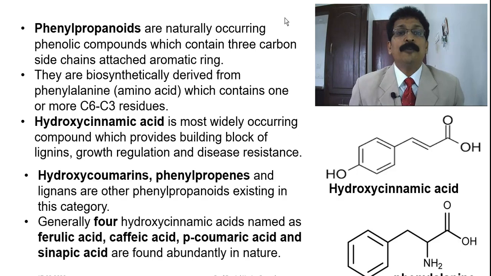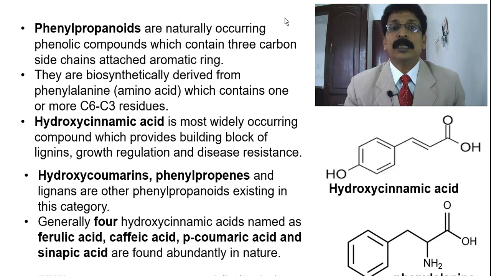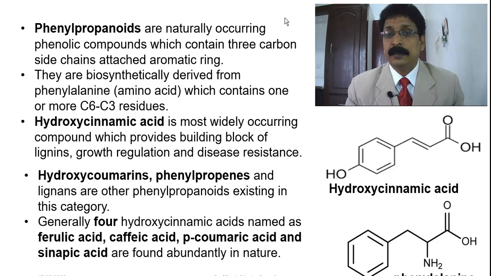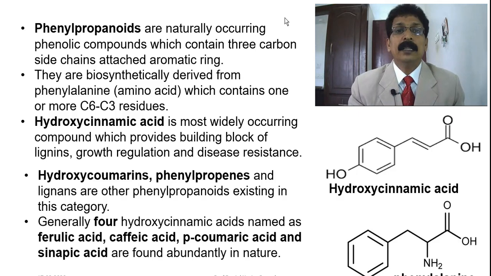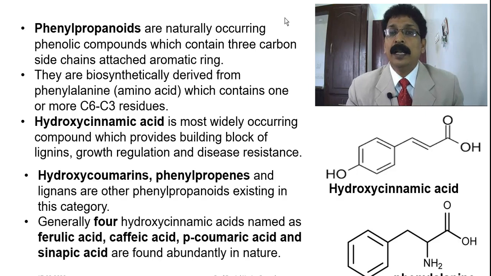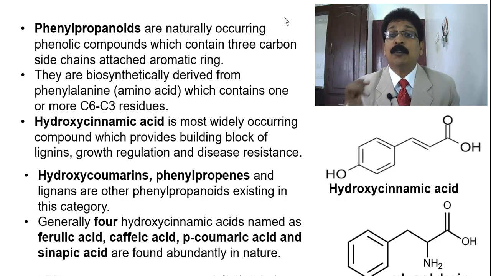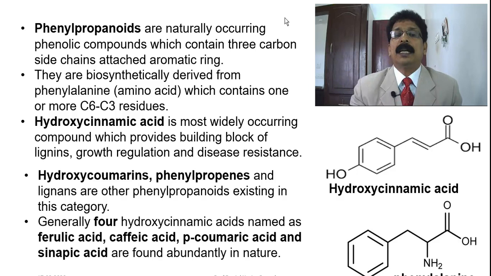Now you see, phenylpropanoids are naturally occurring phenolic compounds which contain a three-carbon side chain attached to an aromatic ring, that means a benzene ring. They are biosynthetically derived from phenylalanine. You have studied phenylalanine as an aromatic amino acid which is produced through the shikimic acid pathway.